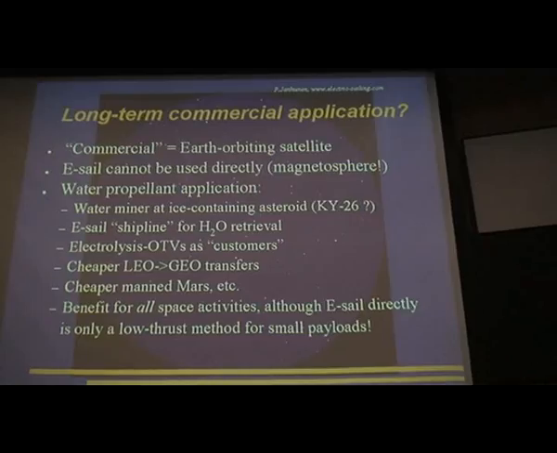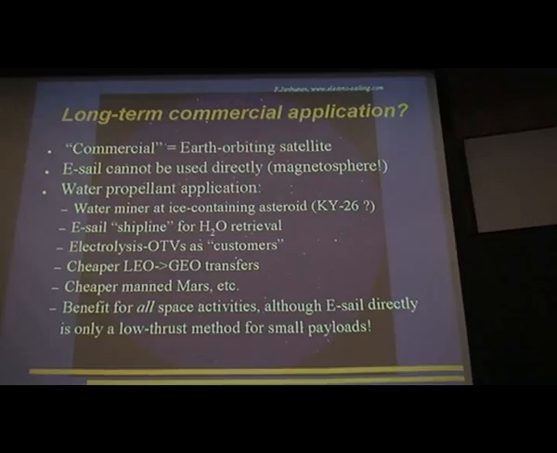Long-term commercial application. This is really long-term. But the idea here is that since this electric sail gives you a high mass multiplication, high payload fraction, basically, one could ferry some stuff from asteroids to Earth orbit using this electric sail in an economical way, because this spacecraft, where the electric sail package is lightweight, weighs only about 70 kilograms perhaps, and it could bring even some tons of material in one flight.